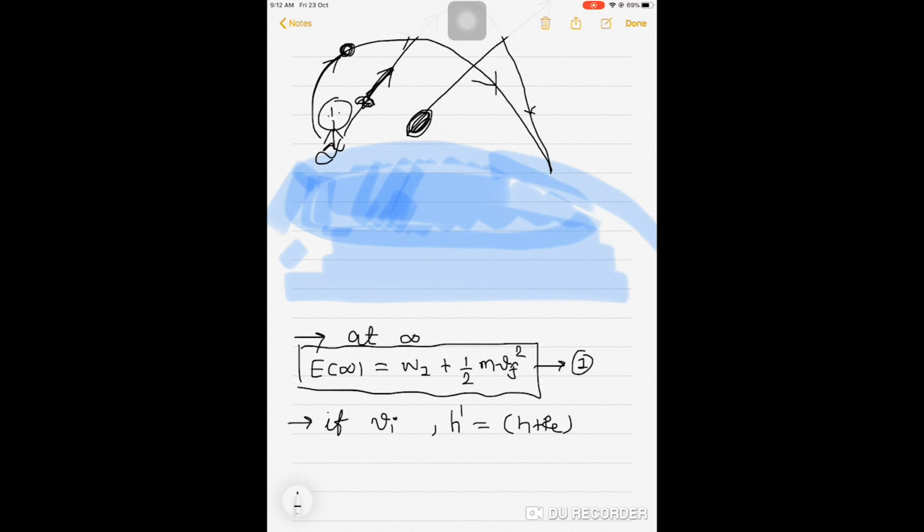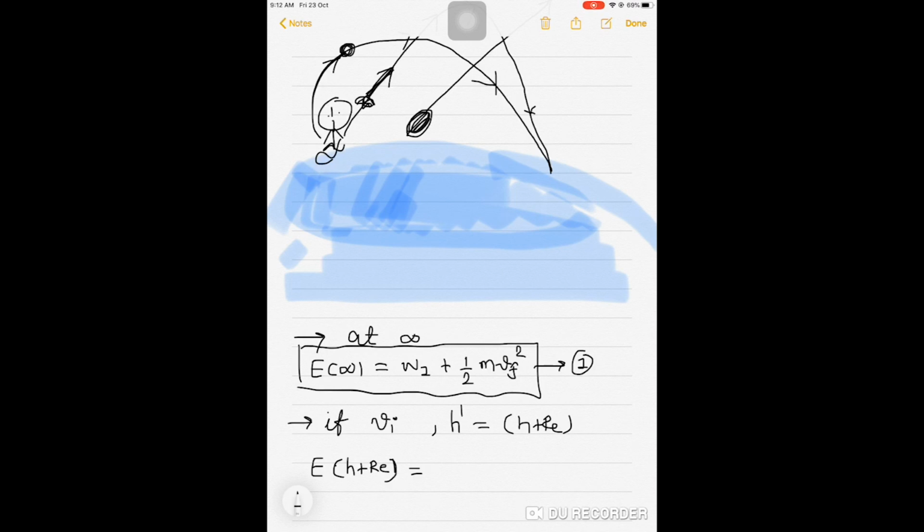Then at a certain distance, potential energy and mechanical energy, that is from infinity, can now be written as E at h plus Re, because now we consider it at a height h plus Re.